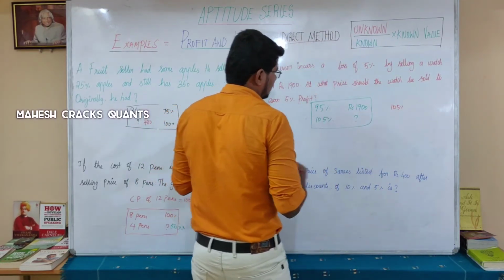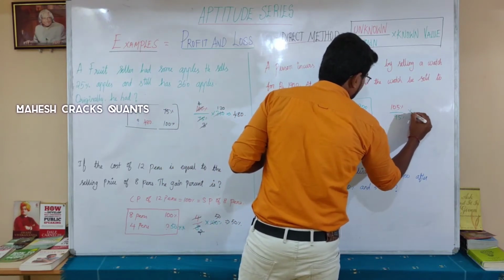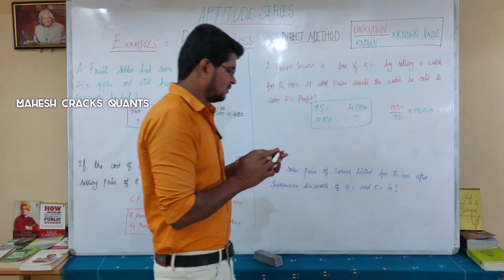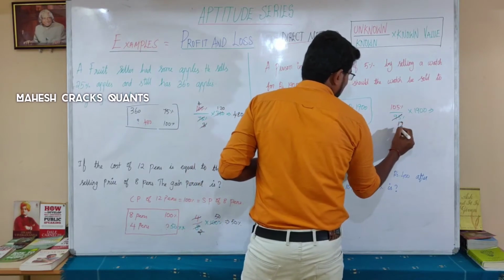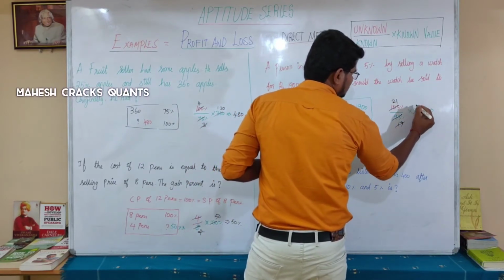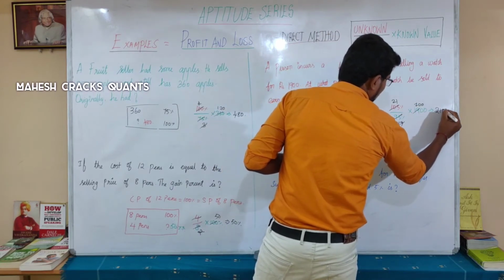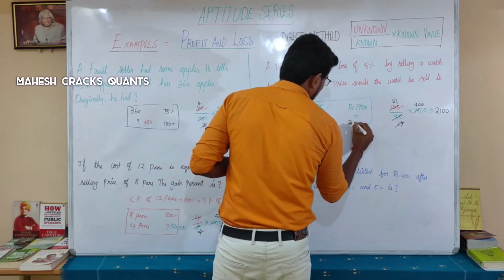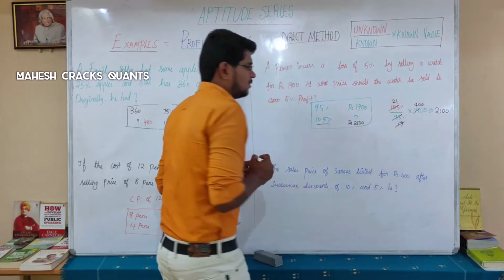What is the known? I know the value for 95%, which is 1900. Cancelling this, you will get the answer. 19 times 5, 21 times 5, 19, 1 times 19, 100. So 2100 rupees. So if he sells at 2100 rupees, he will get 5% profit.